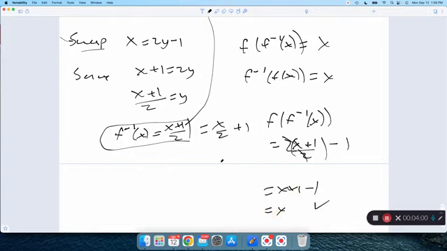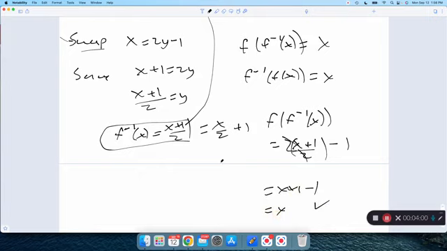The problem was at this step right here. When you take the square root of both sides, you're supposed to put a plus or minus. These are not inverses. Square root of x is not the inverse of x squared. X squared looks like this. That's not 1-to-1.